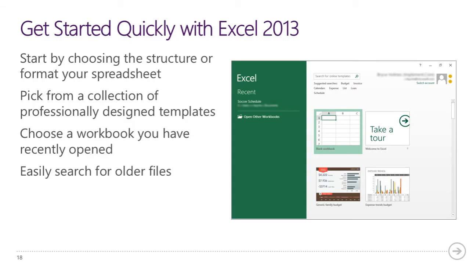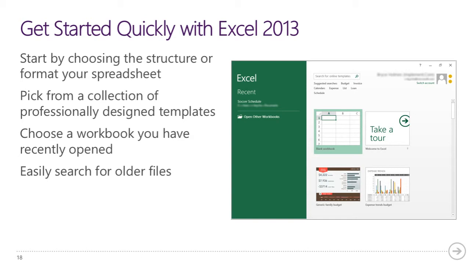So, starting out with Excel 2013, the idea is making it very easy to get started using Excel. And when I say get started, I mean being able to open it up and start using the type of spreadsheet that you want to use right away, be it one that you've already engaged with and you want to reopen, or selecting a new one.